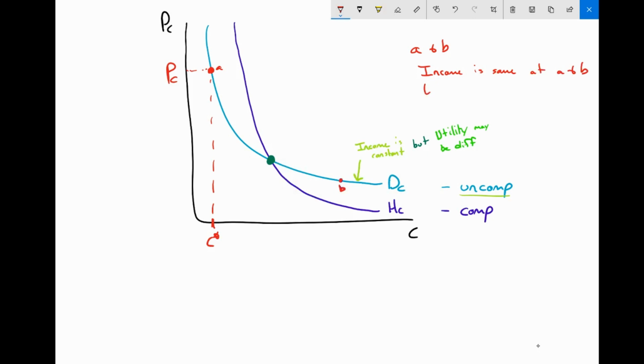The agent's income is the same. The utility that they derive from consuming at point B is different, or probably different.